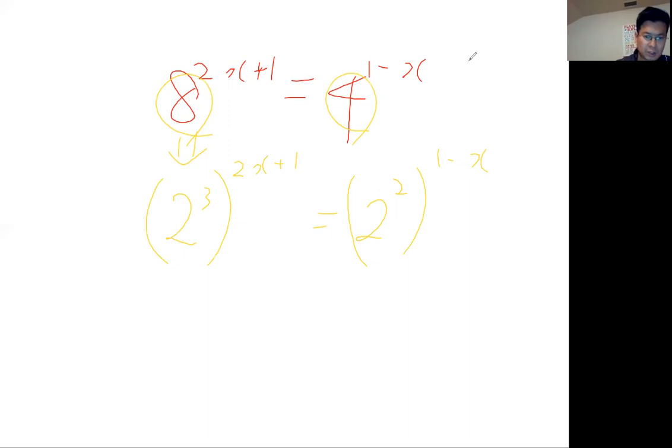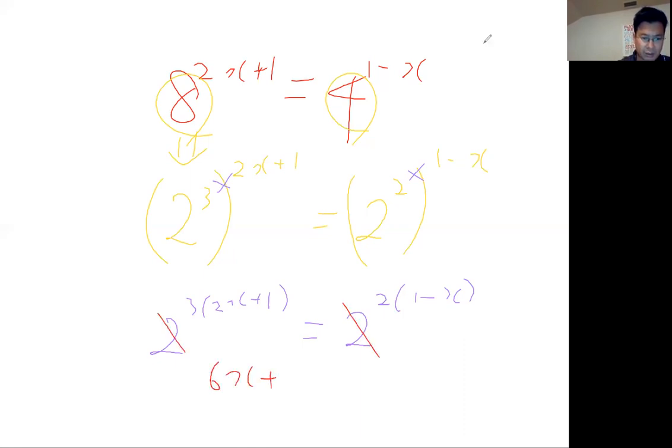Since this is multiplication of exponents, you can think of 2 to the 3 times 2x plus 1 equal to 2 times 1 minus x. Then you don't need to worry about the base. Then 6x plus 3 is equal to 2 minus 2x, so 8x equals minus 1. X has to be minus 1/8.